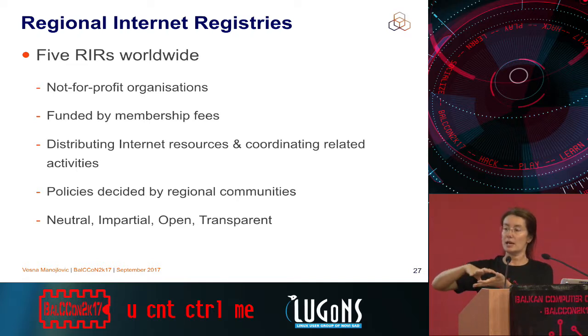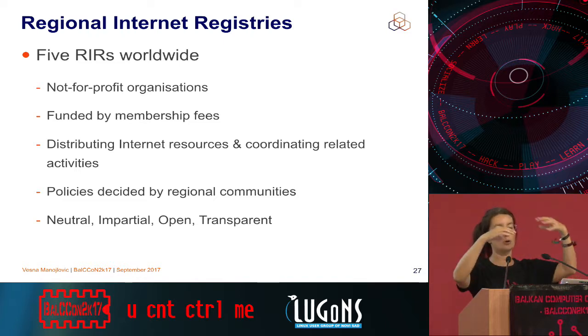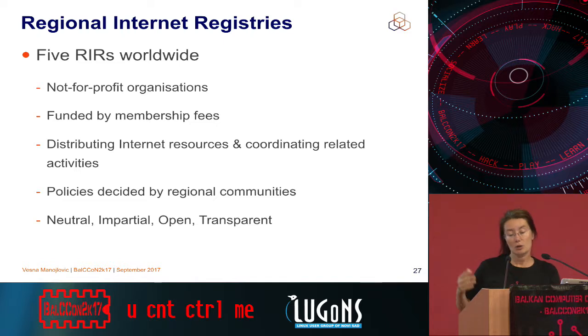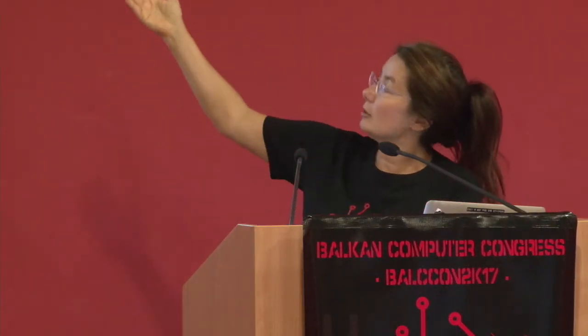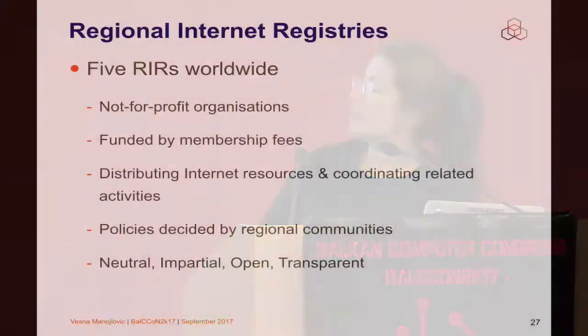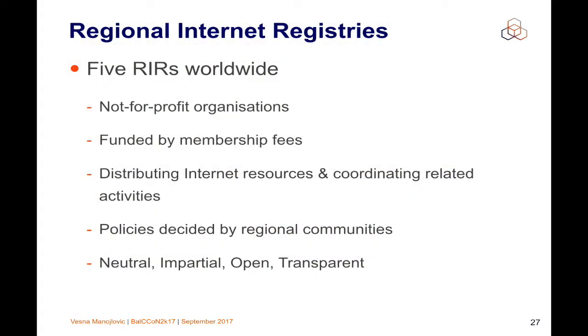So it's an association where all these organizations are members, and they can vote on how this organization is going to operate. The main job is to distribute IP addresses. The rules, so-called policies, are decided by all the members and by the community of RIPE.